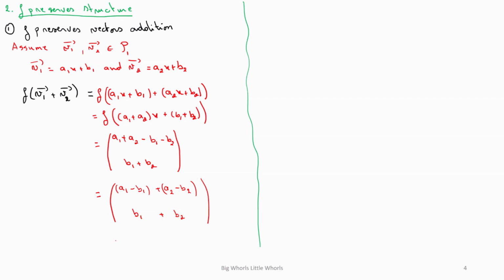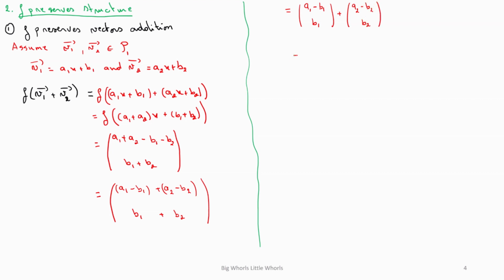So now we can split the whole big vector into two vectors. So we have a1 minus b1 plus a2 minus b2.